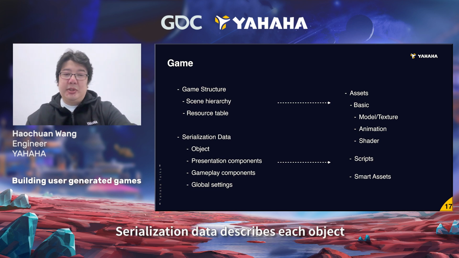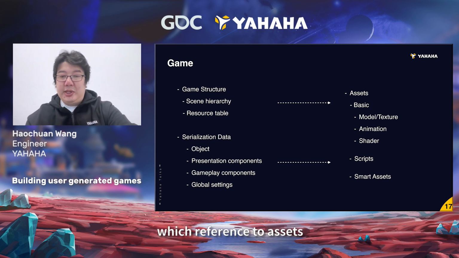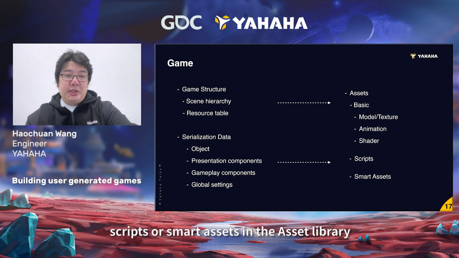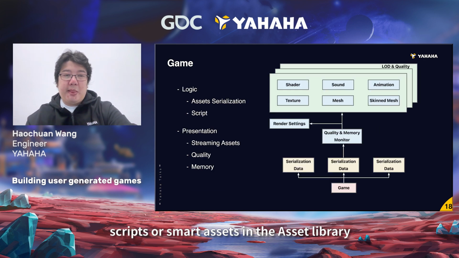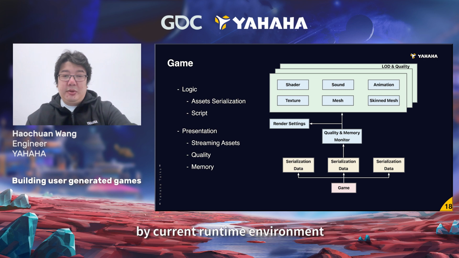Serialization data describes each object, including the presentation components, gameplay components, settings, and so on. And this serialization data should contain IDs which reference the assets, scripts, or smart assets in the asset library. In fact, during runtime, we use logic data to drive the game, while the presentation assets will be stream-loaded by the current runtime environment.